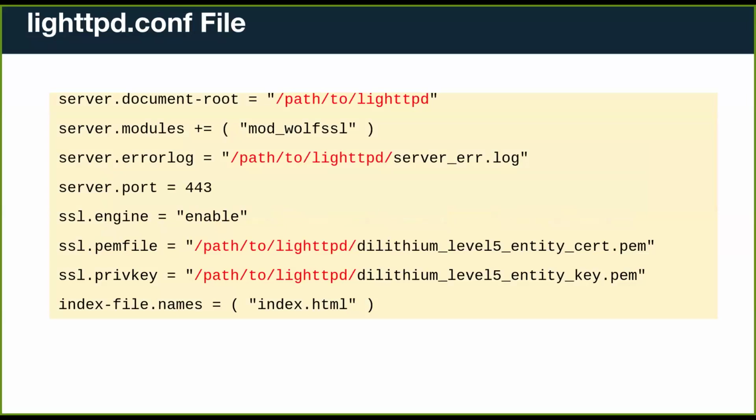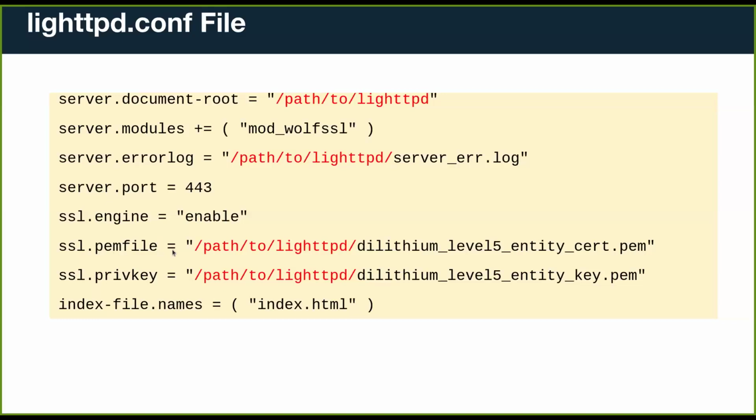And of course, this is the .conf file. A couple things of note here. We're configuring it to use mod_wolfssl. We're using absolute paths everywhere that we can. If you remember earlier, we had a patch file.